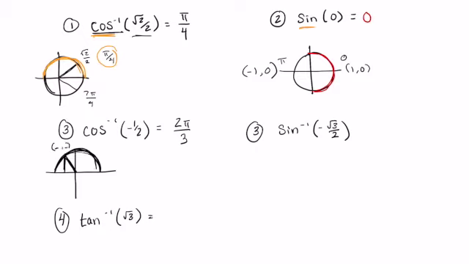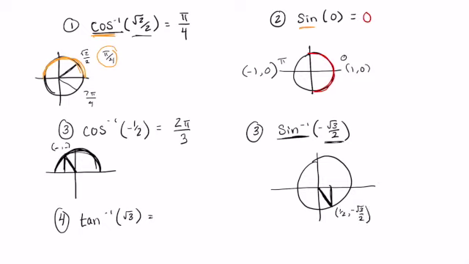For sine, I'm thinking, where do I have a y value of -√3 over 2? That occurs right here, where I have a +1/2 but a -√3 over 2, and that occurs within my bounds of sine right up here, at -pi over 3.